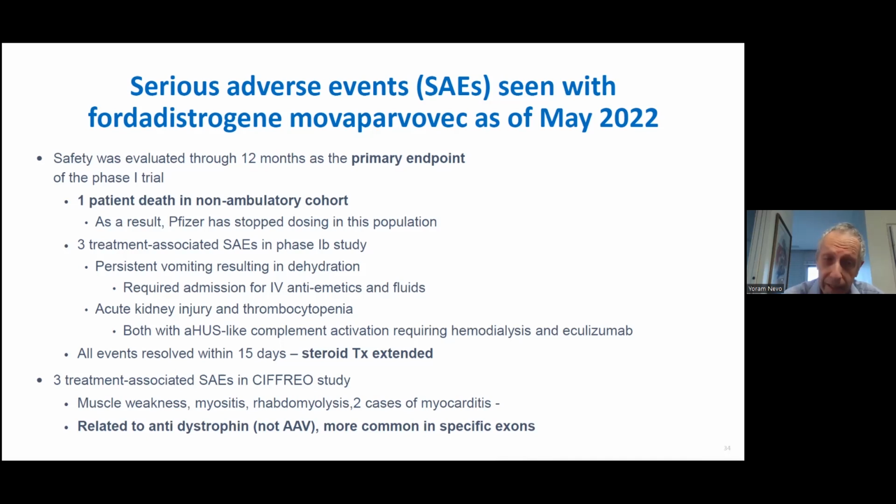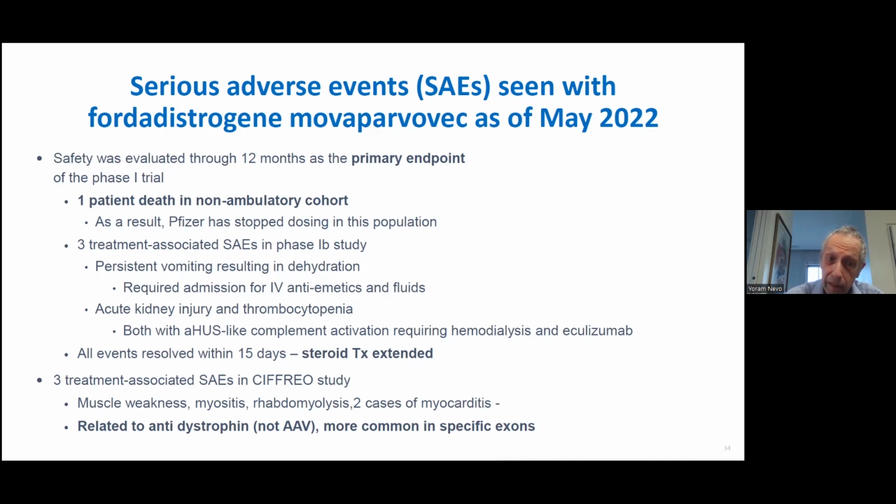In the preliminary phase 1 study, there was some acute kidney injury and thrombocytopenia, hemolytic uremic syndrome-like. After this happened, the steroid dose in the trial was extended, and they gave a higher dose.